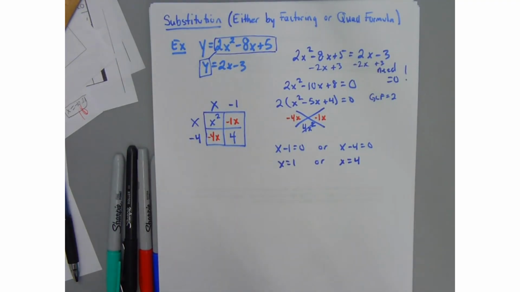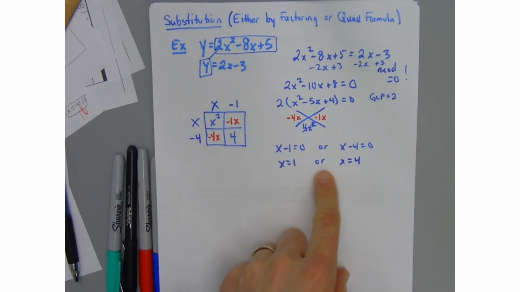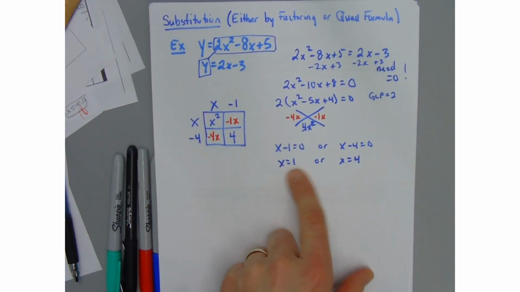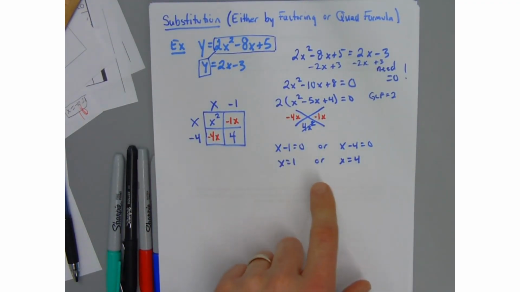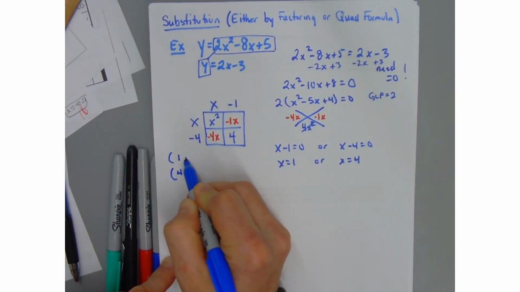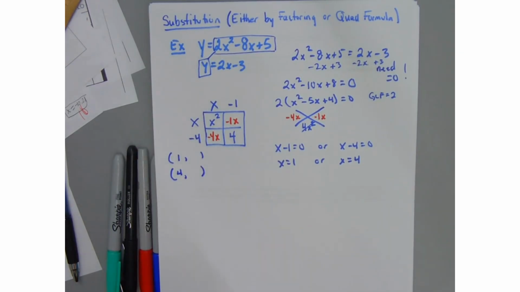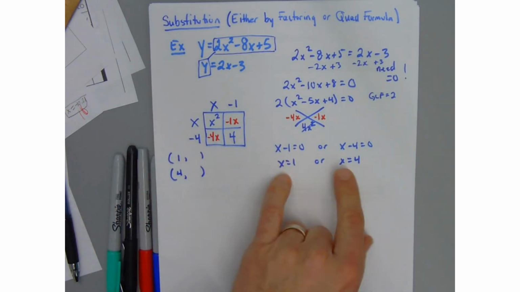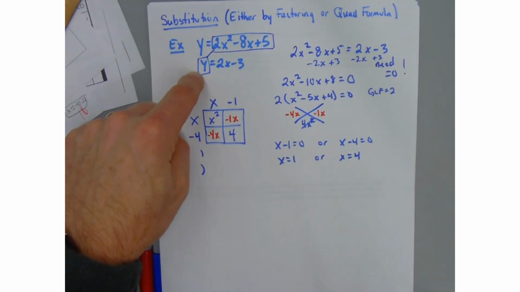Now, as we have this, we're not done. Normally, if I was just solving this equation, remember, this would be where I would stop. But in our solutions, those are the x values. I am still missing the y values of this. So I have to use these to find y.